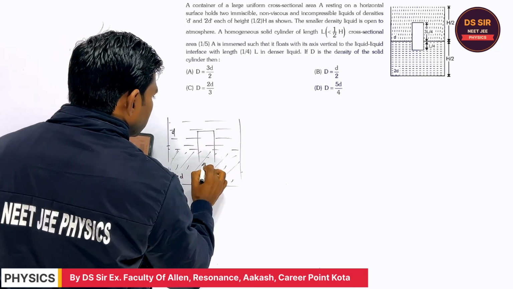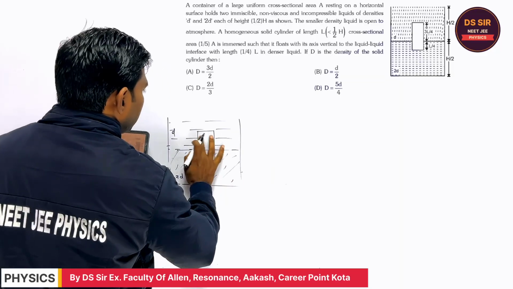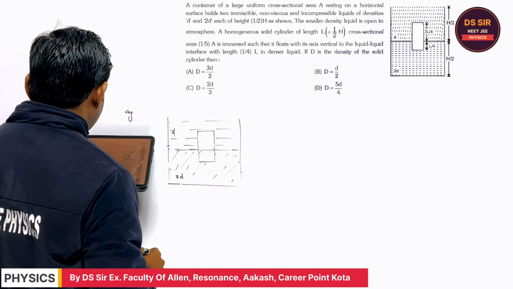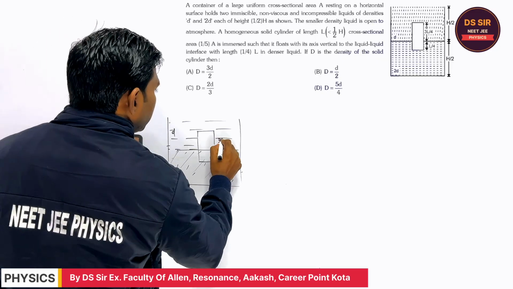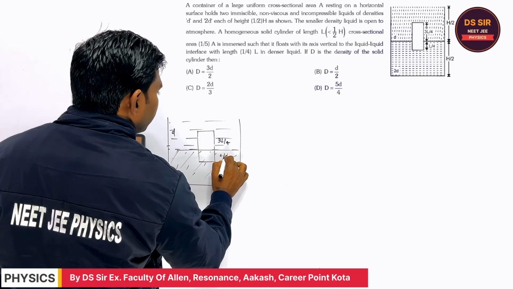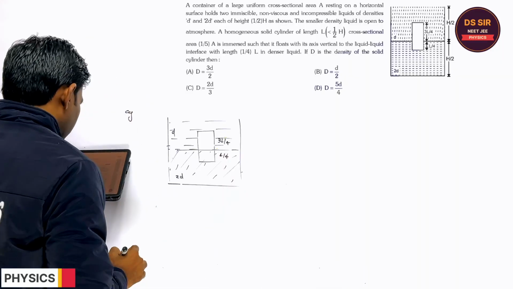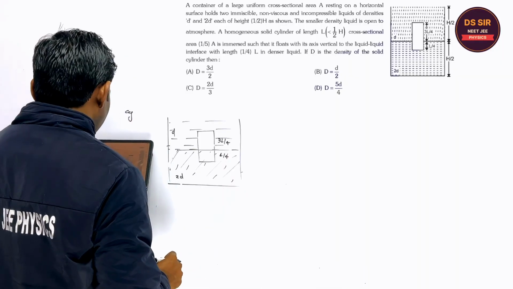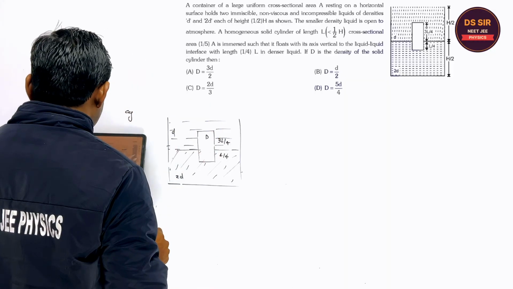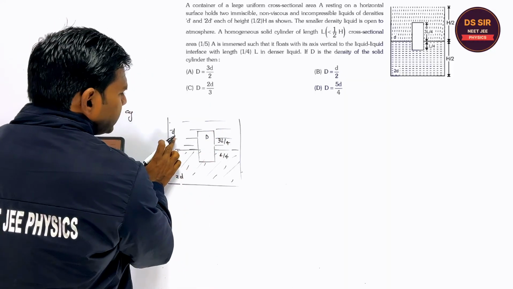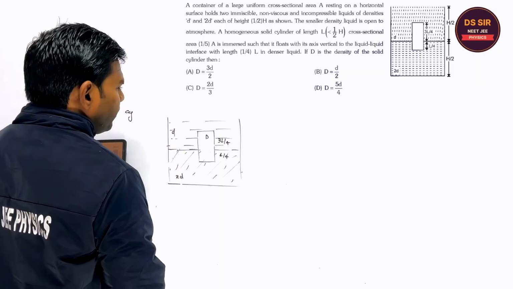So this is the cylinder, right? And this is 3L by 4 and this is L by 4. The density of the solid is capital D and the density of the liquid is small d.